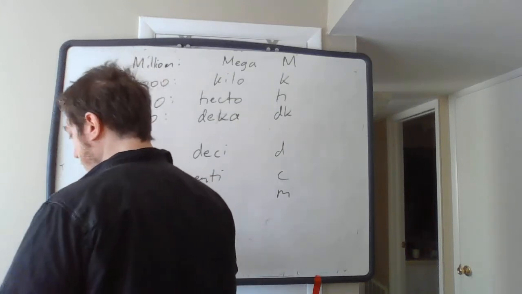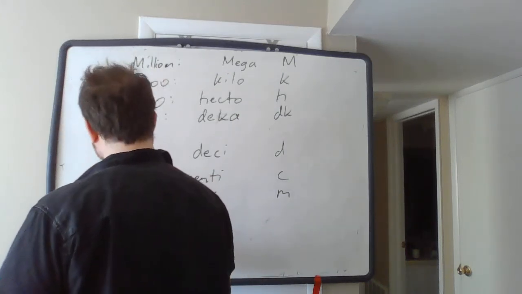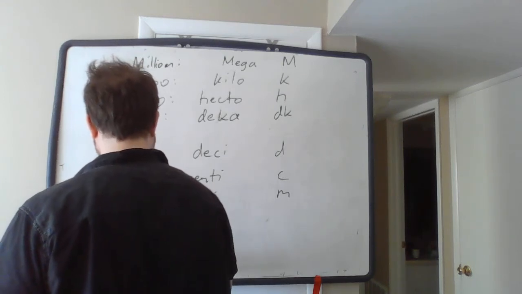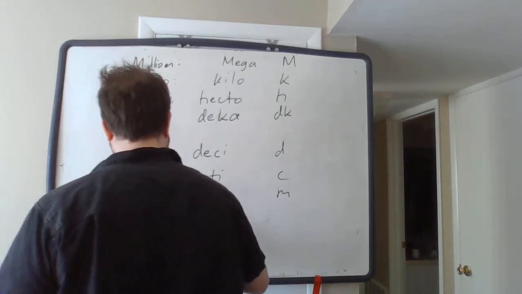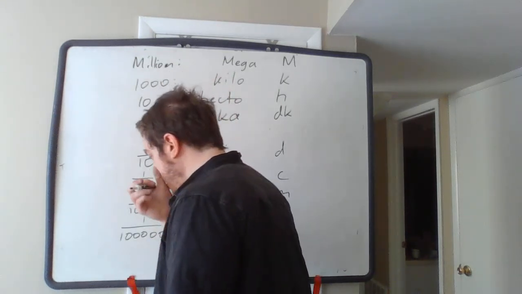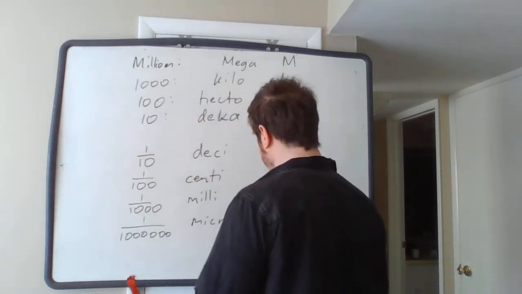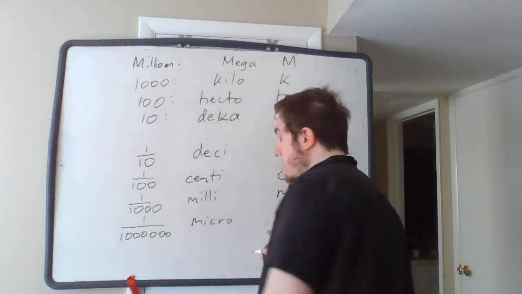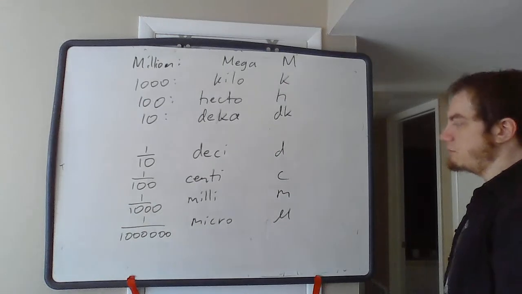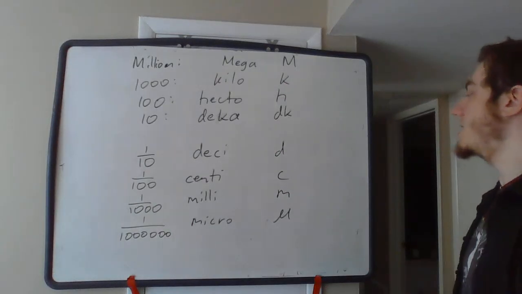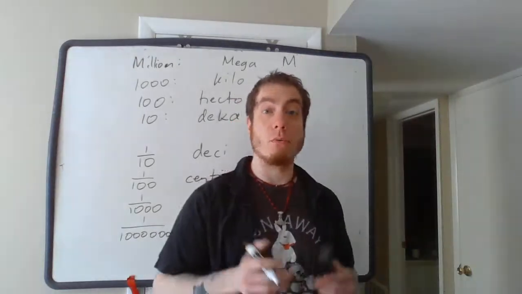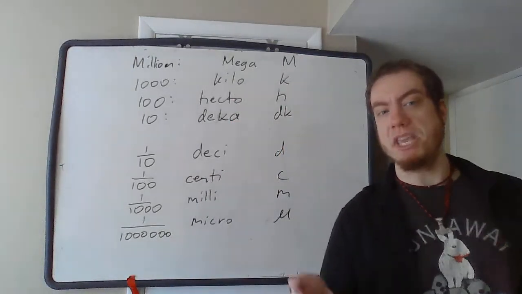And then if you wanted to, you can do 1/1,000,000th. That would be called a micro, and this usually has the symbol mu, a Greek lowercase mu. So you might see things that are being measured in micrograms or micrometers, 1/1,000,000th of a meter.